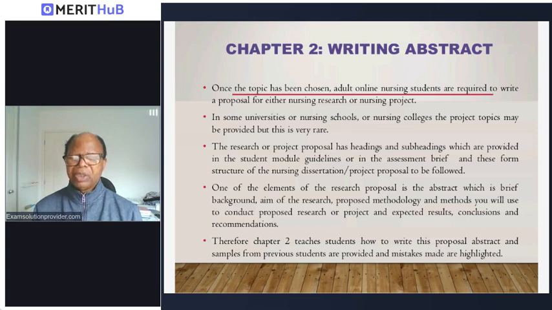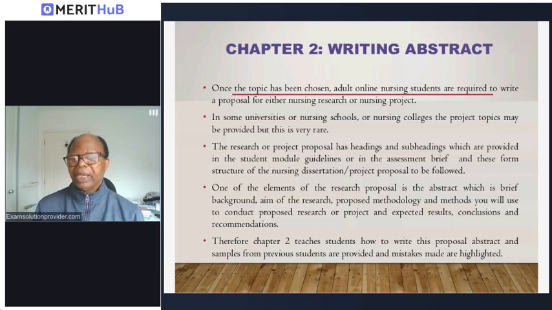So don't take for granted that once you have seen a structure, maybe on a website or on Google, that is the structure you will use. It may change depending on whether the university has reviewed its program and come up with a new structure. So things do change. Always check before you start writing, so that you know what structure you're going to have and what the content of your proposal is.